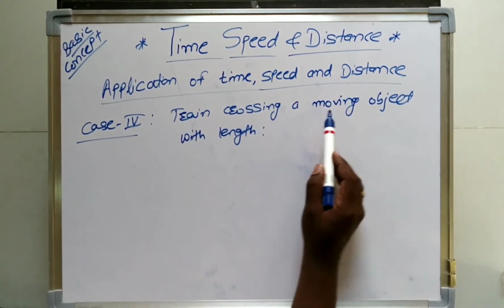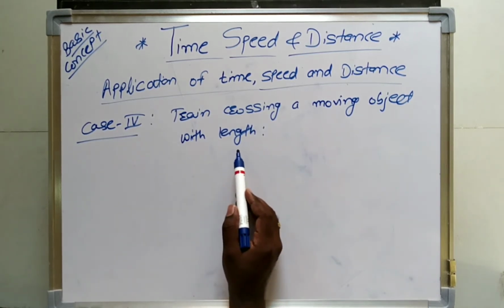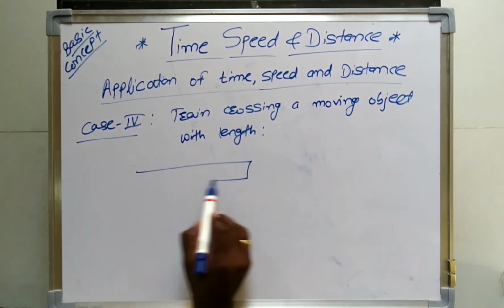Now case 4. When a train is crossing a moving object with length. Suppose we have two trains.